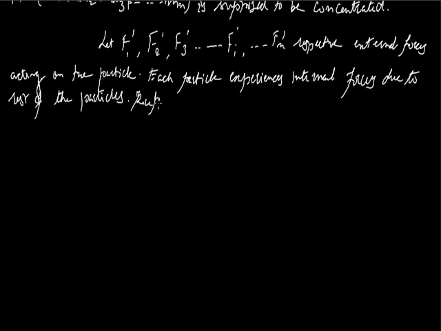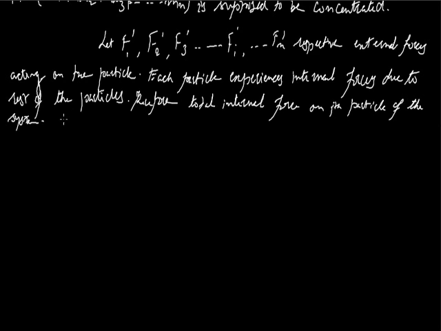Therefore, the total internal force on the ith particle of the system will be Fi double dash equal to the sum of Fij double dash, j equal to 1 to small n, where j is not equal to i.